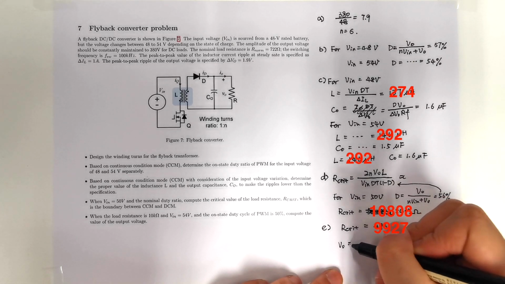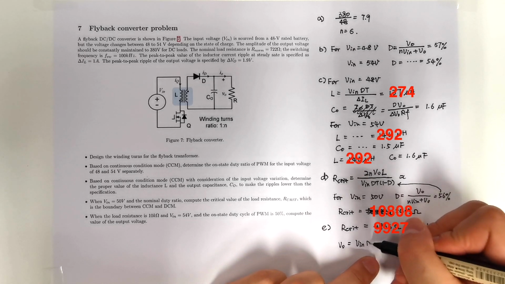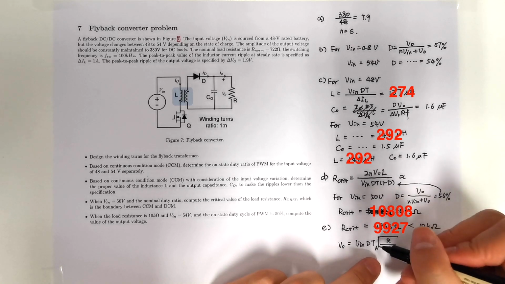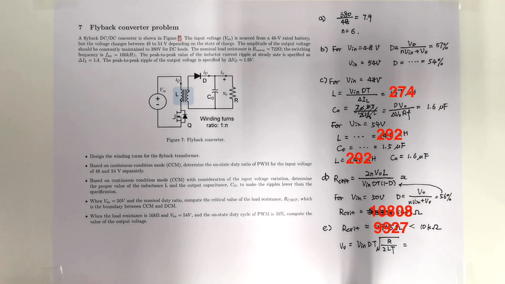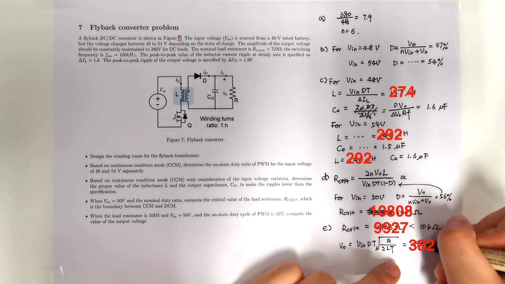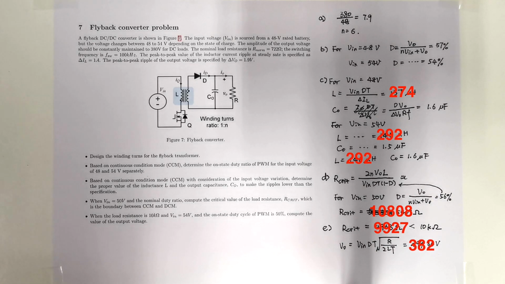V out equals V in times d T times the square root of R divided by 2LT. We got our output voltage is 499.66 volts. Alright, so this is all about this video. We will see you in the next video.